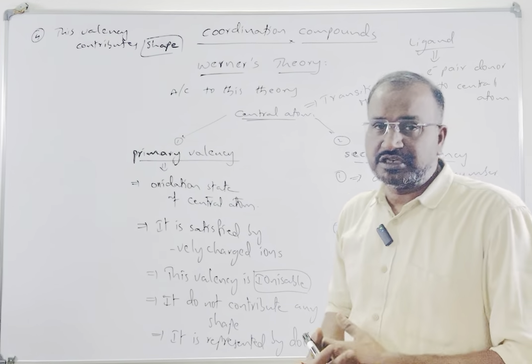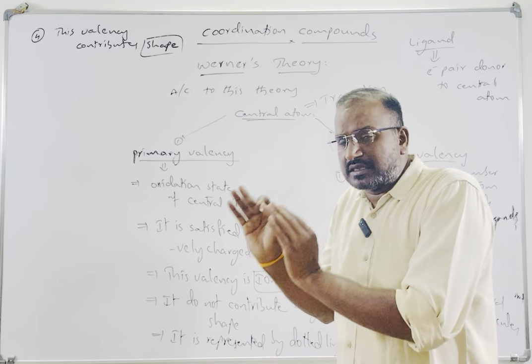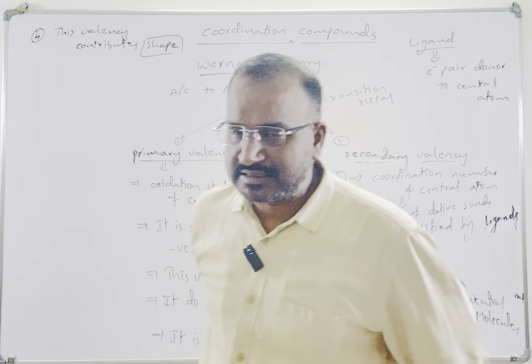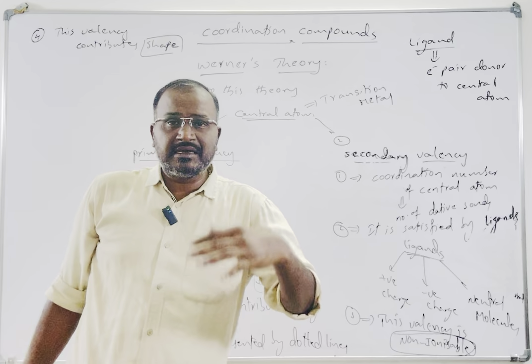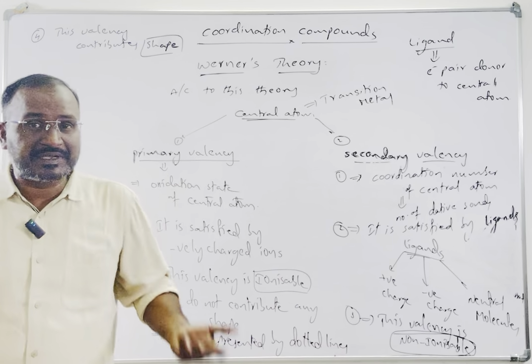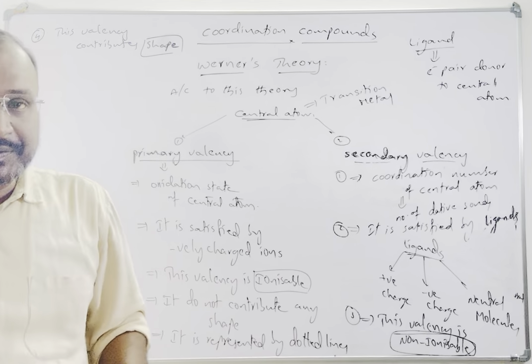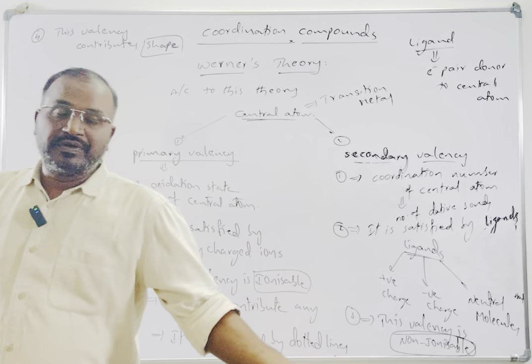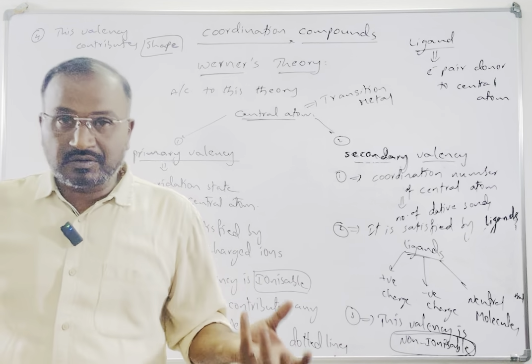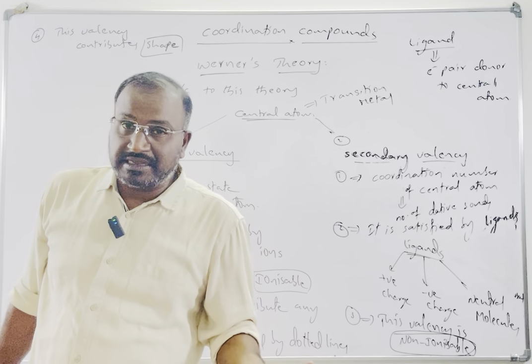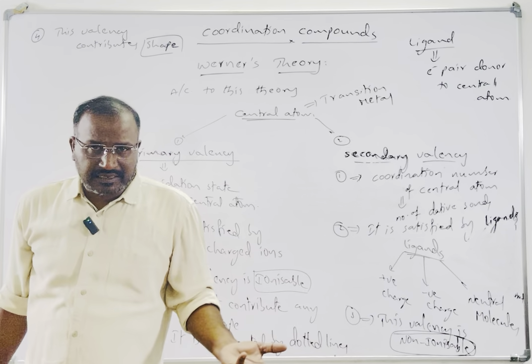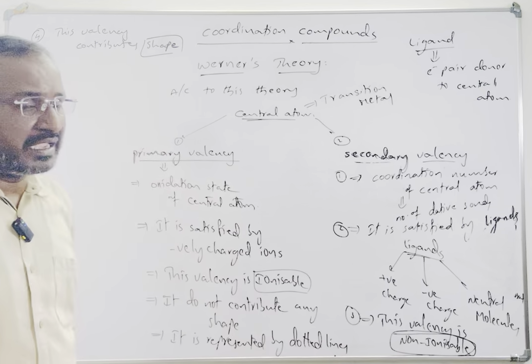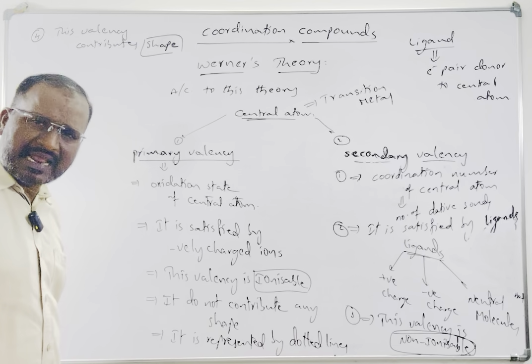This is the same as the hybridization concept. Whatever the hybridization is, that is nothing but secondary valency. Because sp is linear, sp2 is trigonal planar, sp3 is tetrahedral, dsp2 is square planar, sp3d is trigonal bipyramidal, sp3d2 is octahedral, and sp3d3 is pentagonal bipyramidal geometry.